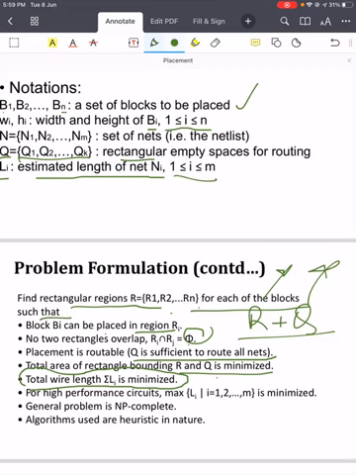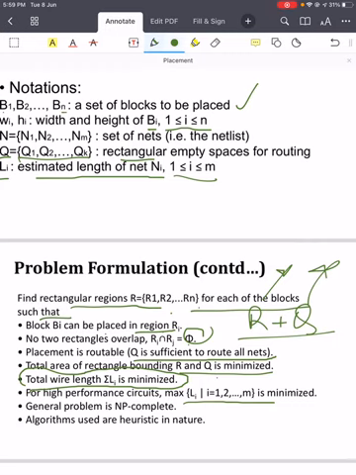That has to be minimized. And for some high performance circuits, there should also be a constraint on the maximum value of Li. So minimizing the summation of Li as well as minimizing the largest Li are both equally important.